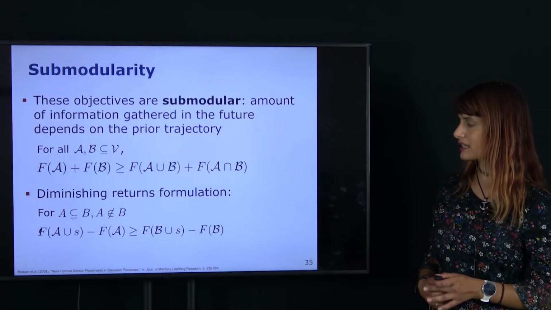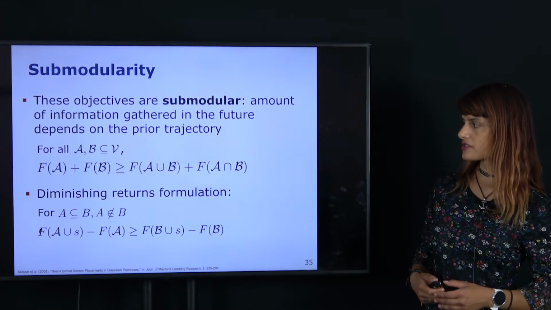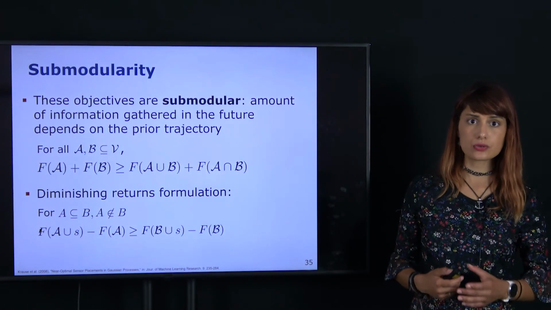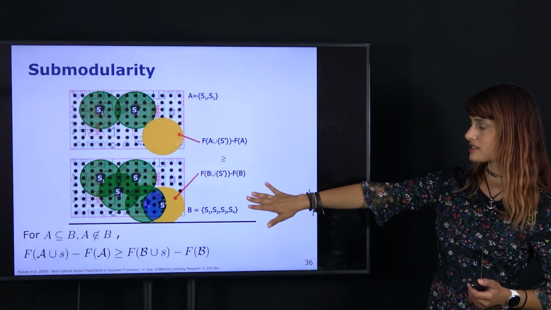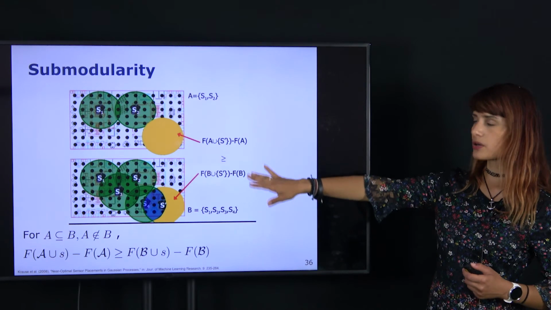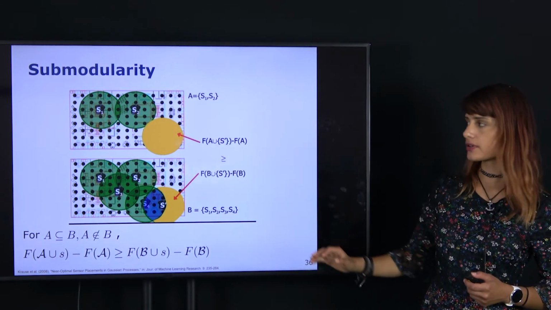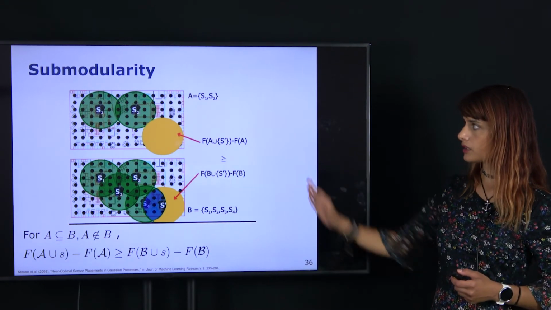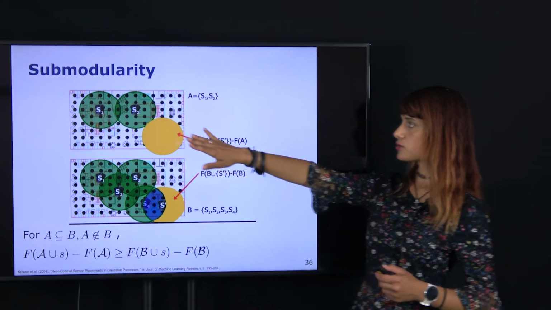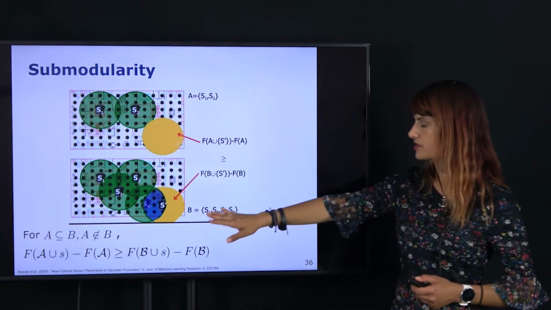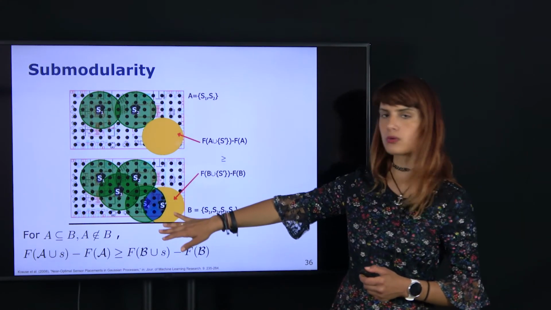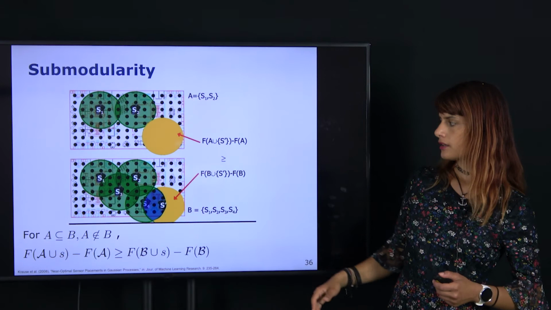If we look at an example of diminishing returns, this will become much clearer from an intuitive point of view. Over here we have a sensor that we want to place when monitoring a 2D field, just like in the previous examples. On the top here, we have two sensors placed already, and we want to add the third one. Whereas on the bottom, we have placed four, and we want to add the fifth.